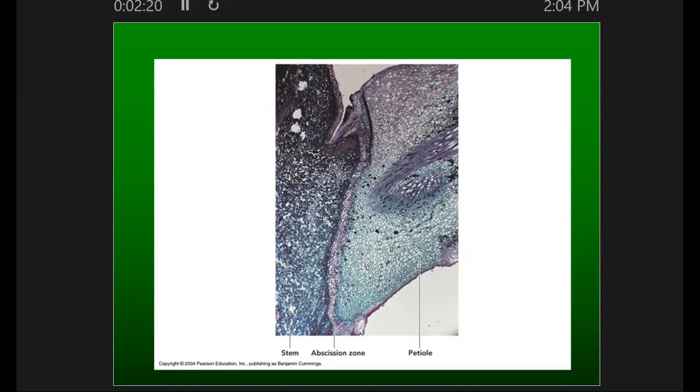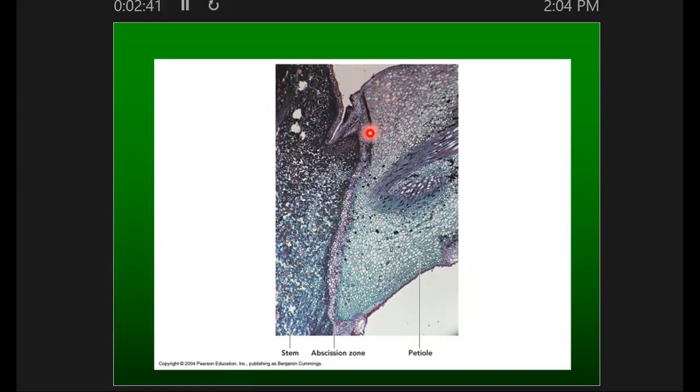And so you need to think about that when you're out hiking around now in the fall with the beautiful fall color change. What you're going to see happening, well, you won't see it unless you have a microscope handy, but this is the base of the petiole where it attaches to the main branch of the tree.